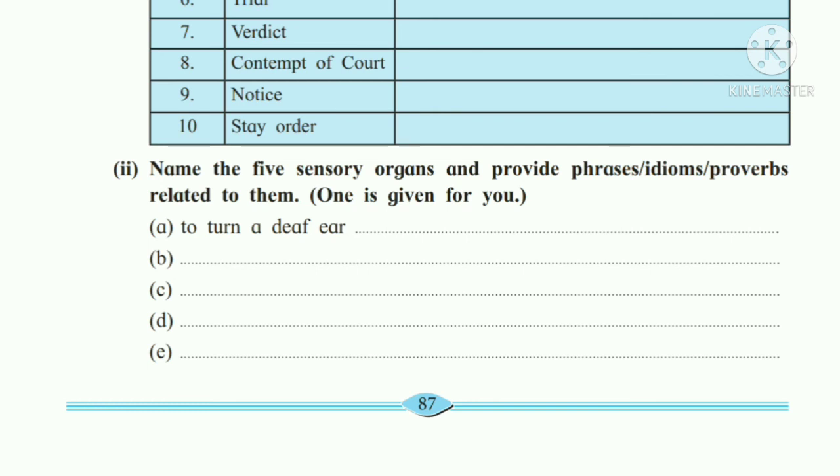Now see, we have 5 senses, that is skin, nose, tongue, ear, eyes. These are considered as the 5 senses. Now using the 5 sensory organs, students, we are supposed to prepare phrases, idioms or proverbs. To turn a deaf ear means do not listen to anything, avoid completely.